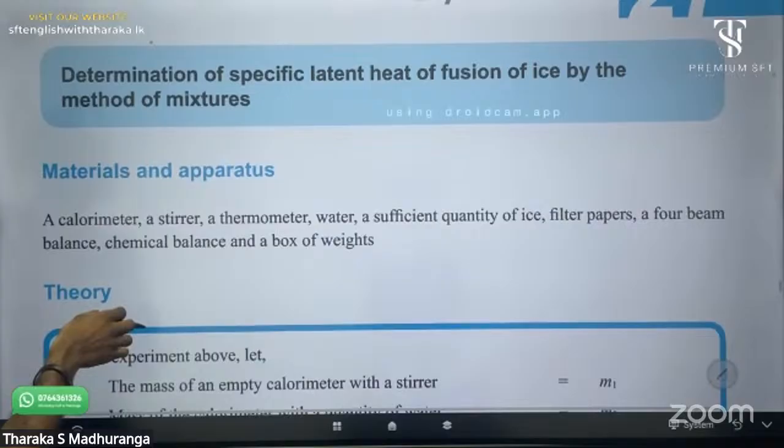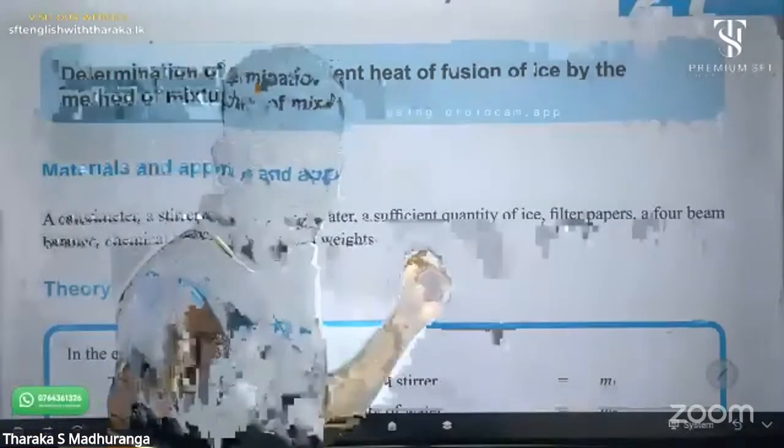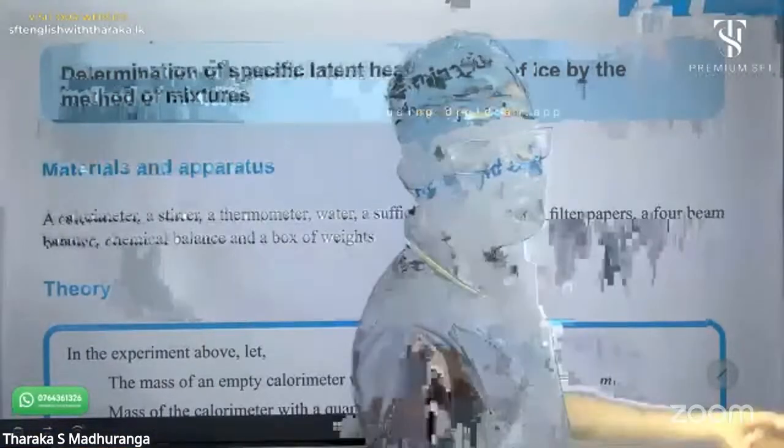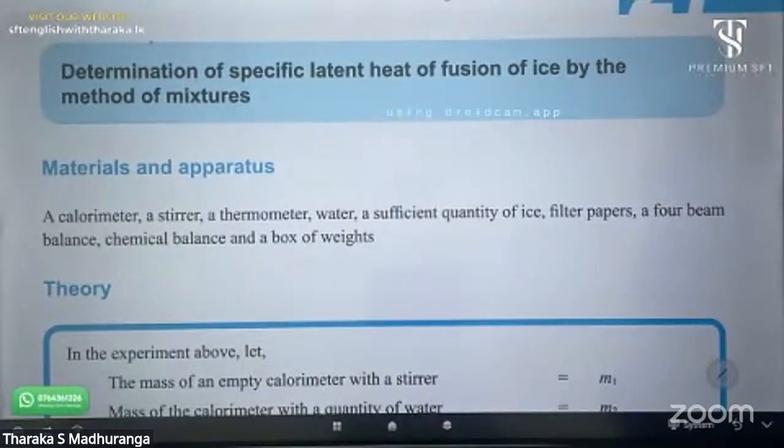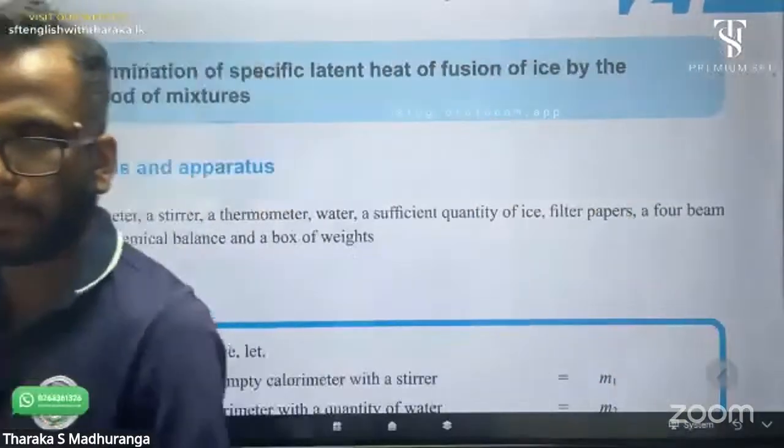Okay, let's move on to determining the specific latent heat by the mixture method. That one is also always asked as a question. Always asked.